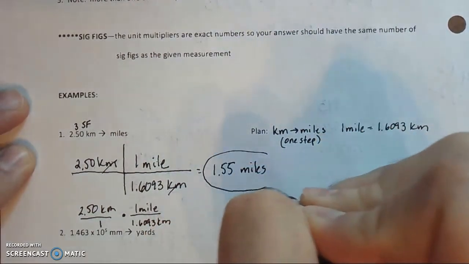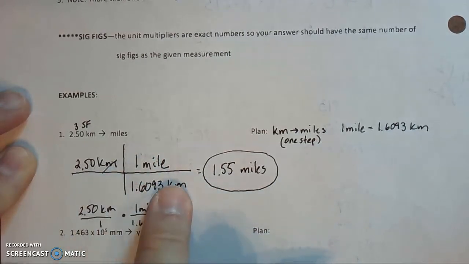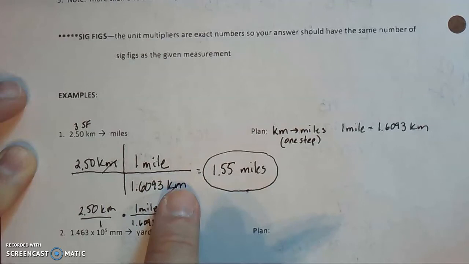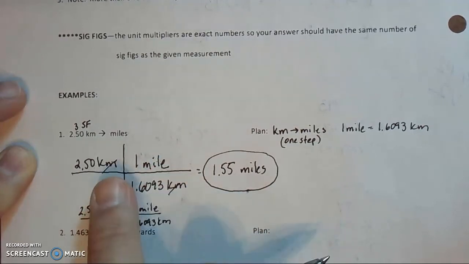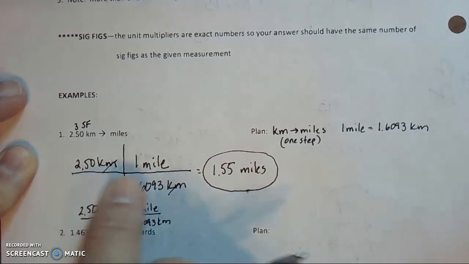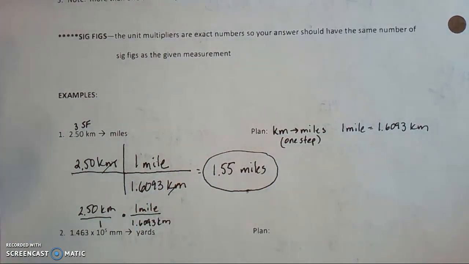We have to make sure that we have units on everything so we know that we set it up correctly and that we have the correct unit at the end. If you didn't put this in, you might have this number up on top because you didn't know where to put it. The units tell us where to put it. Whatever unit we have here, it needs to go down here. Video 2 is going to go over a few more example problems.